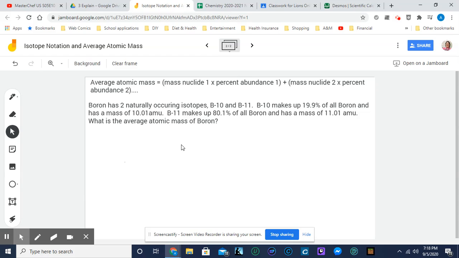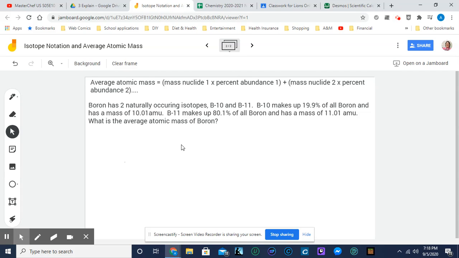One isotope is usually more present than the others, and that's usually because that particular isotope is more stable than the others. So the mass that's on the periodic table is a weighted average of the individual masses and percent abundances of all of the naturally occurring isotopes of the element.